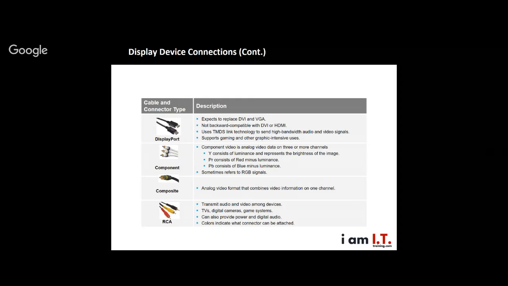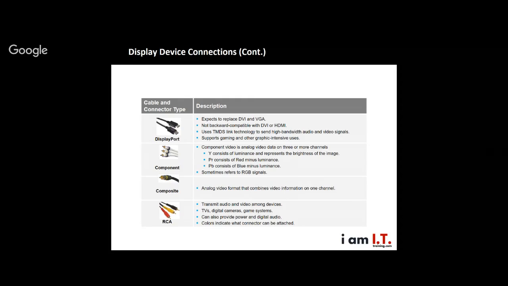Now, composite cable is a single video-only cable for analog picture format only. The one that I want you to focus on here is RCA. You have 2 different types of RCA cables as far as what you see, but they do the same thing. You have red, yellow, and white, or red, yellow, and black.